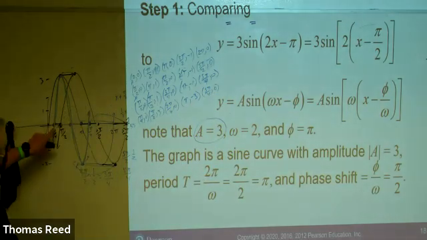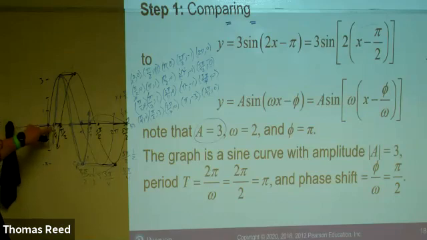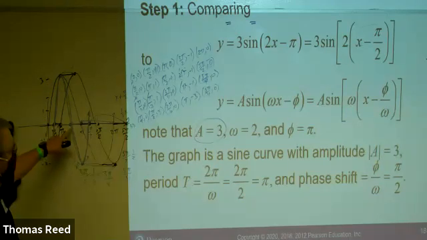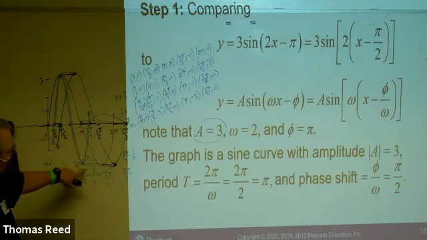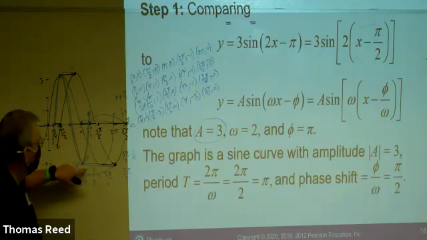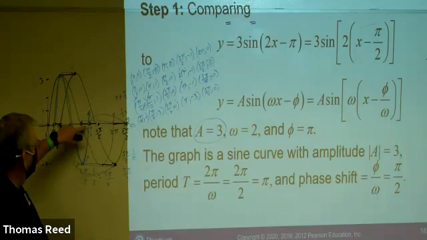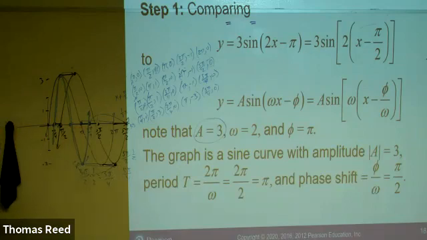And so that's what these points are: pi over 4 0, 1/2 pi 3, 3/4 pi 0, pi -3, and 5/4 pi 0. So I got to the same points, just in a different manner, but I'm doing the changes the same way.